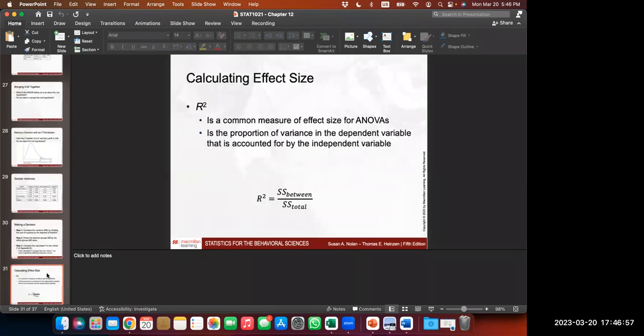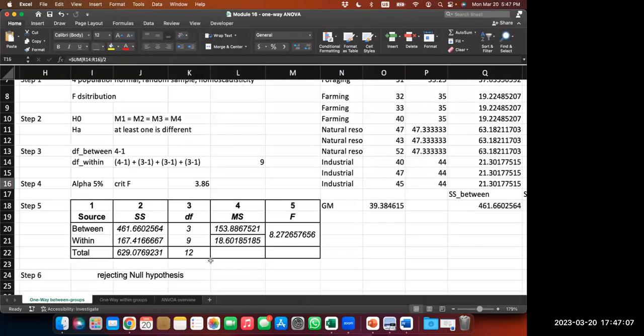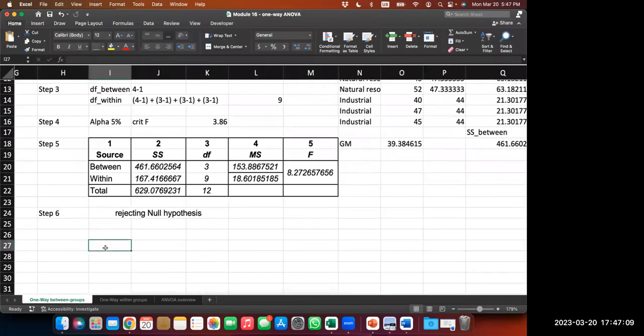Significant difference between means. And now we're getting to the effect size. So the effect size is basically calculated as an R² of sum of squares between and total. So this is now effect size, and this R² will come back to us. So this was regression.